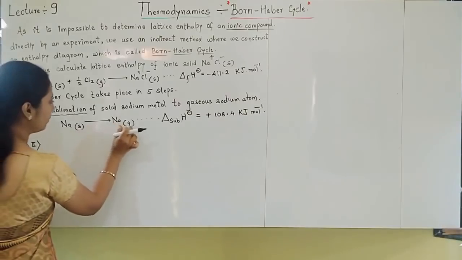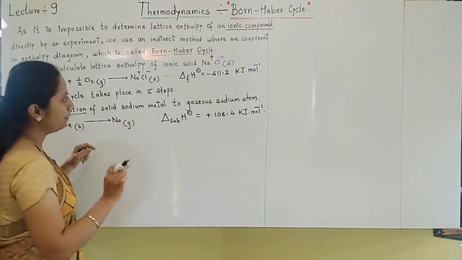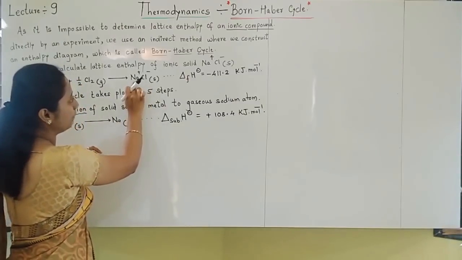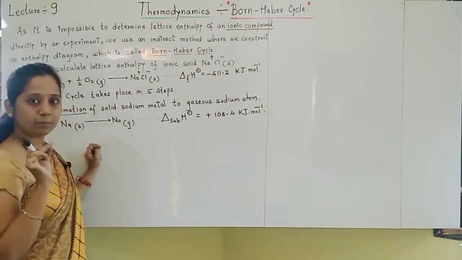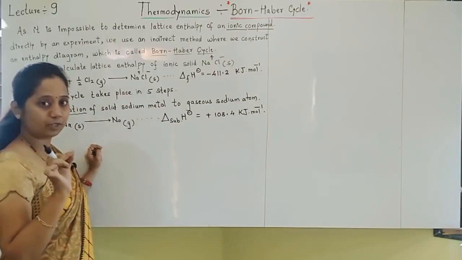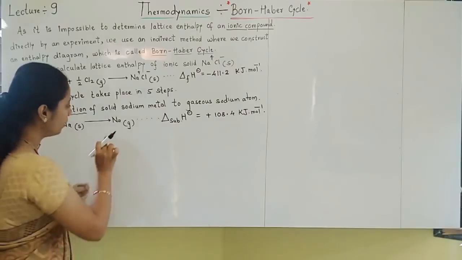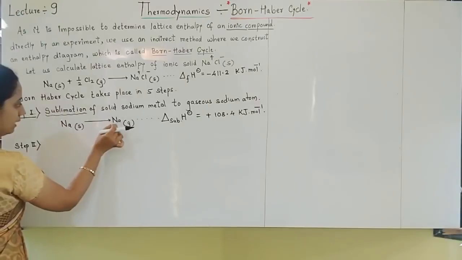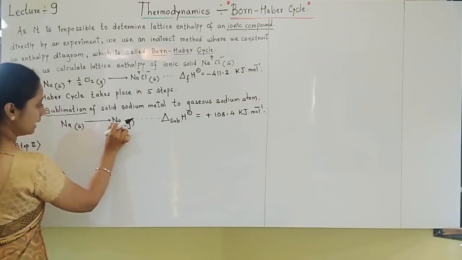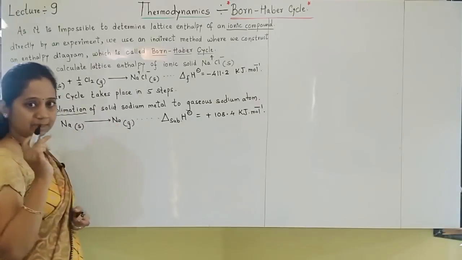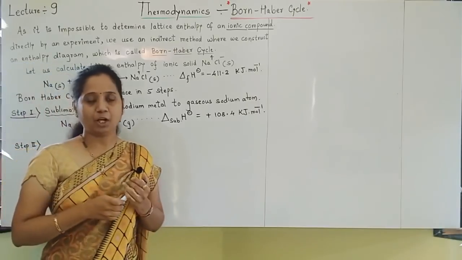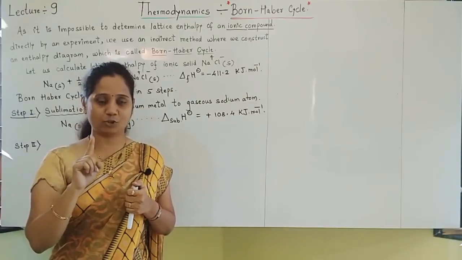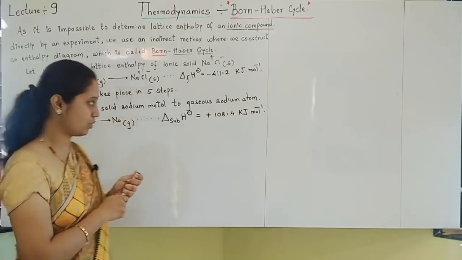Now this sodium is converted into gas, but to form NaCl, we don't want Na, we want Na plus, because sodium chloride is an ionic solid. We want Na plus, but we have only Na. So let us convert this Na into Na plus. And students, you know very well how to convert Na into Na plus. When sodium donates one electron, it gets a positive charge.